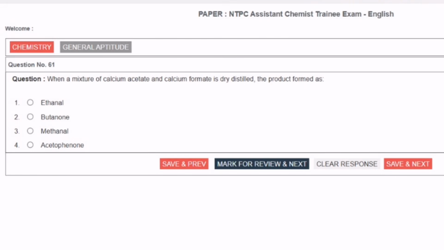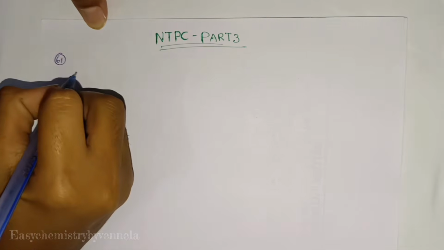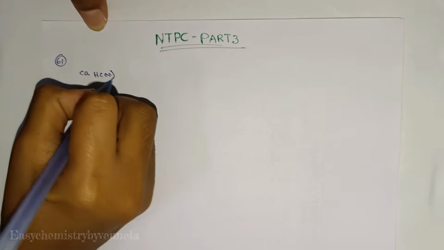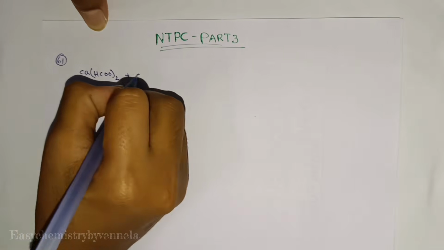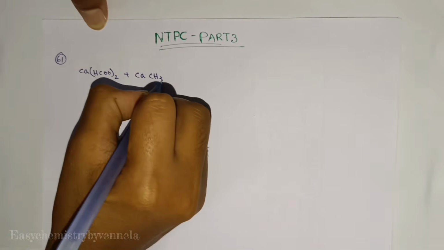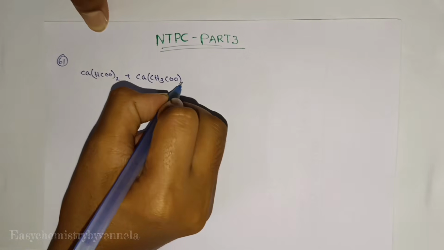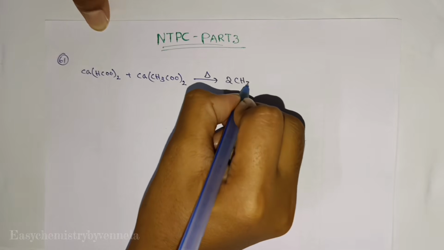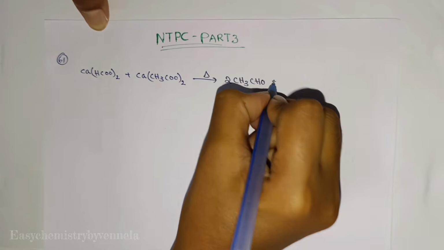When a mixture of calcium acetate and calcium formate is dry distilled, what is the product? Calcium formate and calcium acetate, in the presence of heat, form an aldehyde.